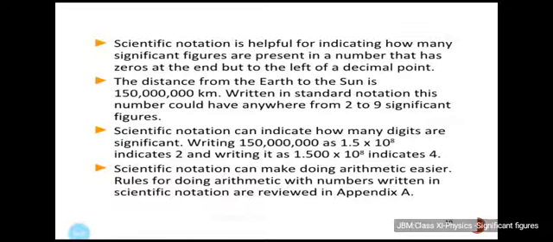Scientific notation can indicate how many digits are significant. So writing 150,000,000 as 1.5 into 10 to the power 8 indicates 2. And writing it as 1.500 into 10 to the power 8 indicates 4. Scientific notation can make doing arithmetic easier.